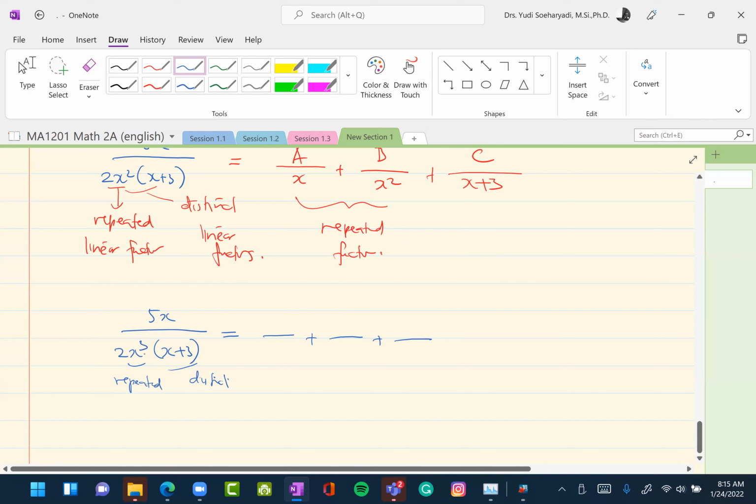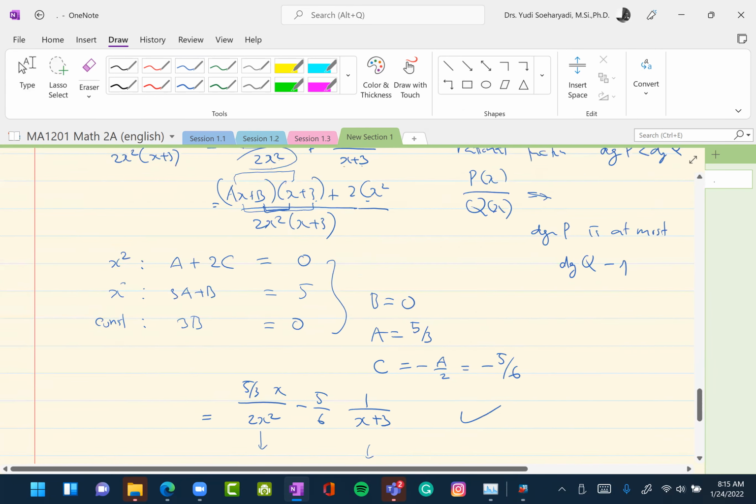This is repeated 3 times. So the first one, second one, third one. Okay. So this is just put A, B, C. What about the distinct one? You just put it there separately. Okay.